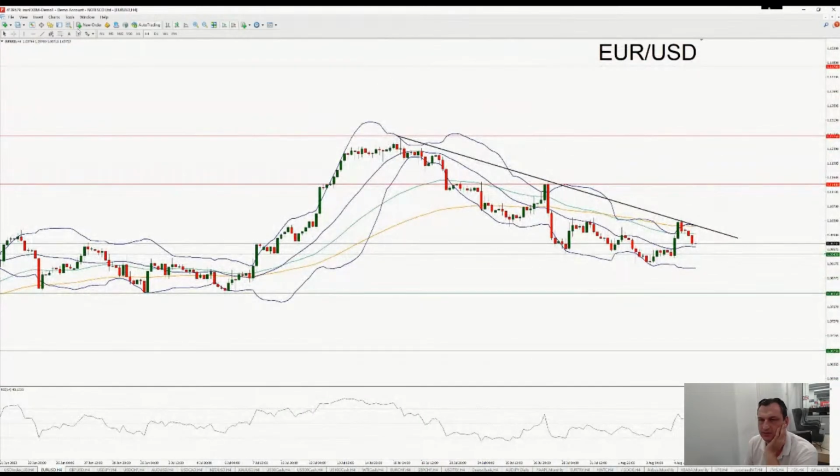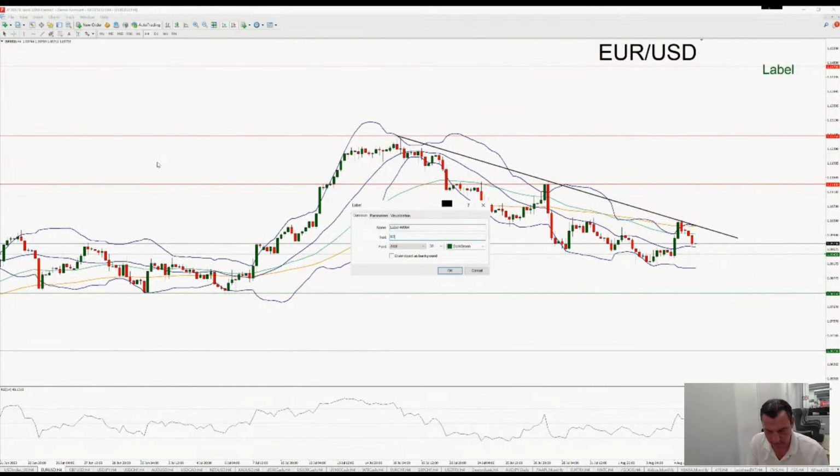Okay, let's place some labels here. Starting with the R3, 1.1470, in red.